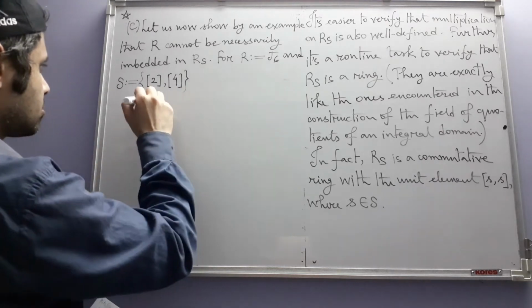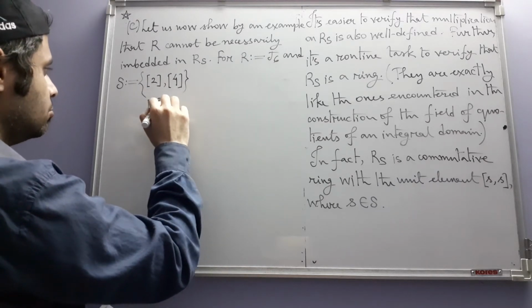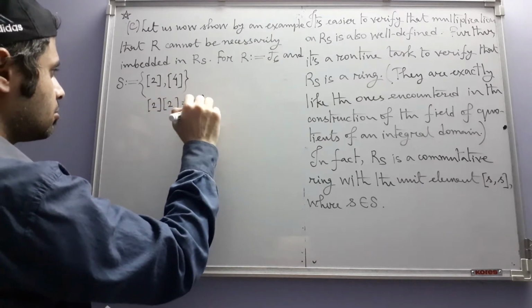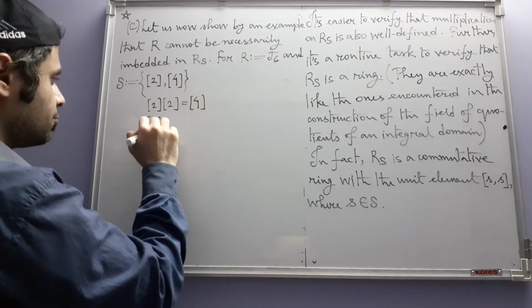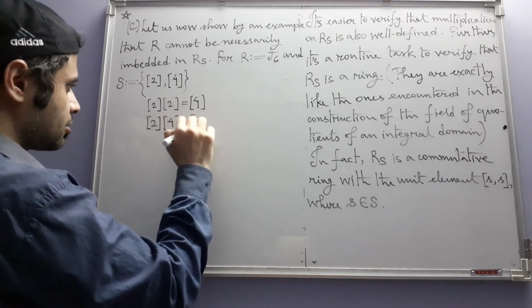Because if you multiply 2 with 2, you get 4. If you multiply 2 with 4, you get 8, which is nothing but 2 again.